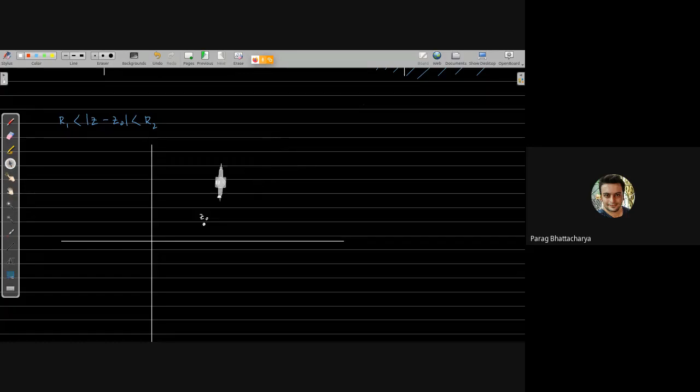First, the inner radius, that is R1. R1 is the inner radius, and this is the outer radius.